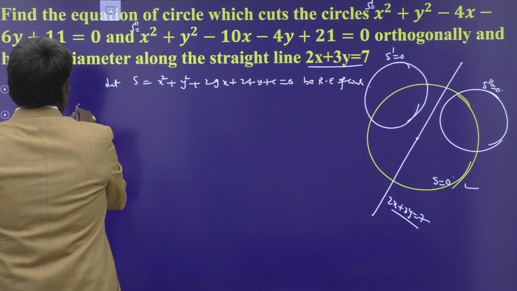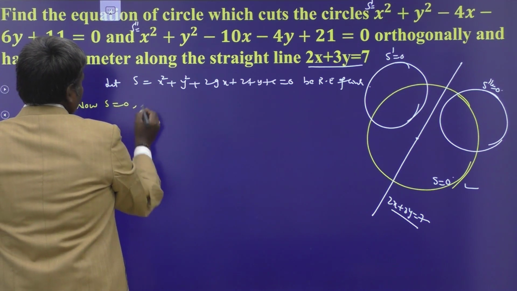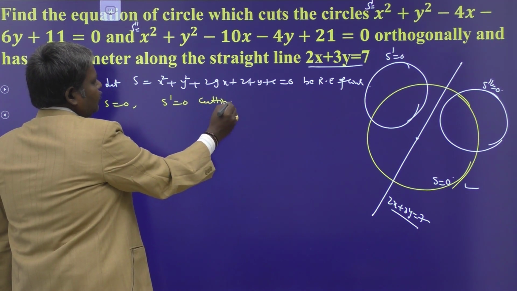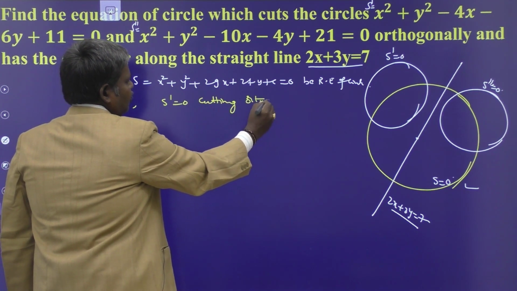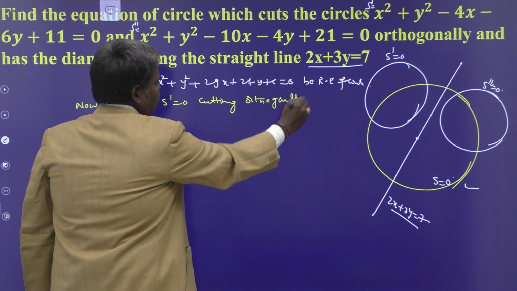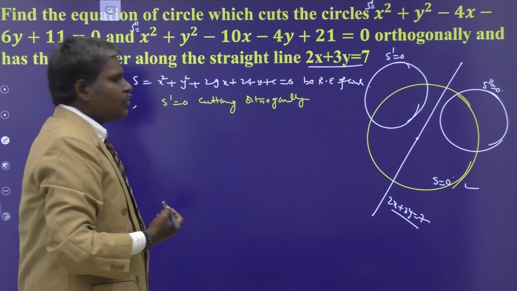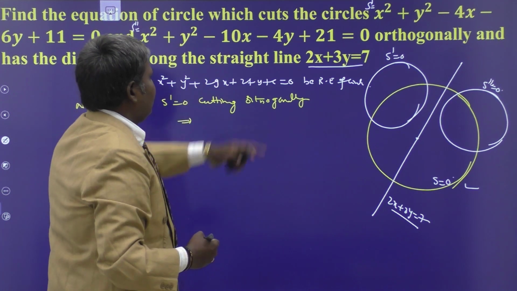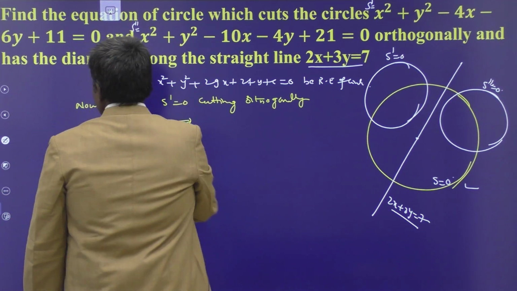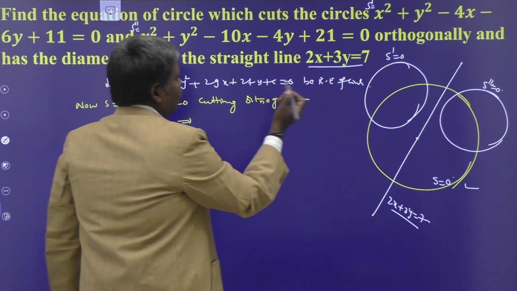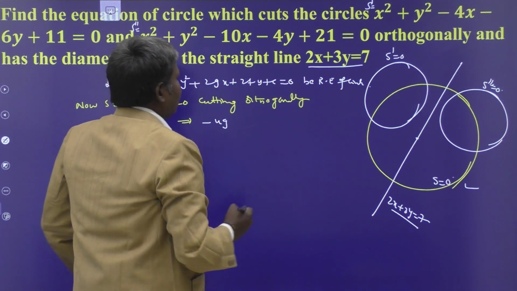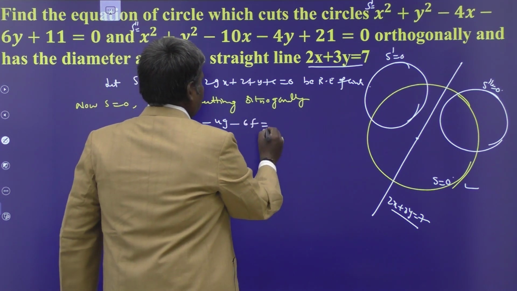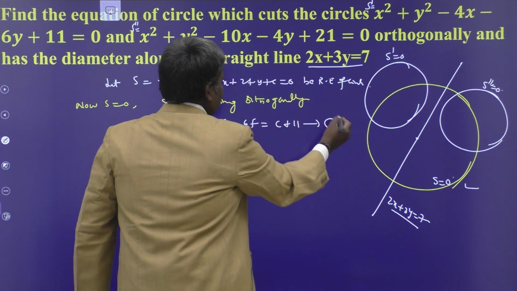Now S equal to 0, S dash equal to 0 cutting orthogonally implies what happened? Just by looking at the equation itself we can write that one: minus 4g, next one minus 6f is equal to c plus 11. This is equation number 1.